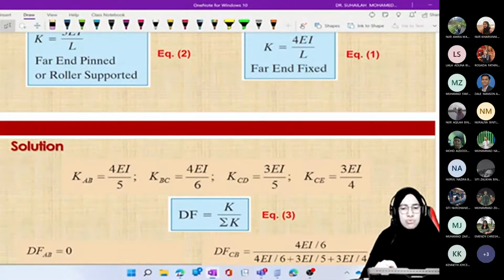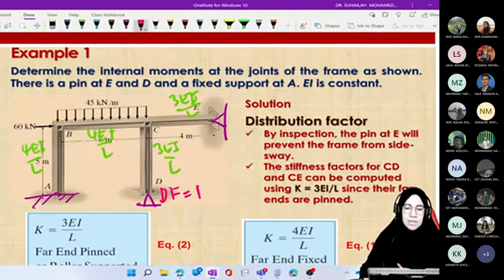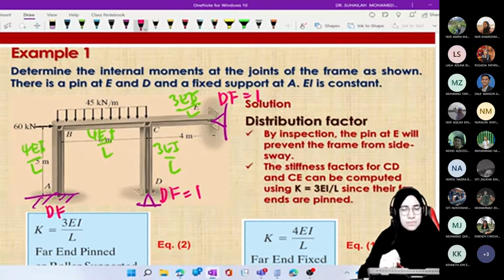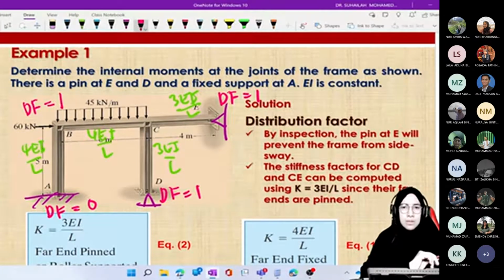So remember that for a pin end, the distribution factor at E must equal 1. The distribution factor at A is 0. The distribution factor at B totals 1.